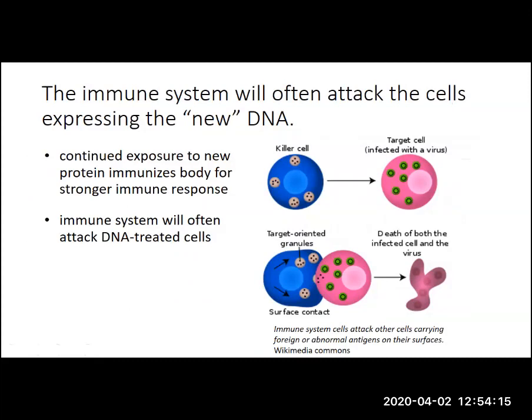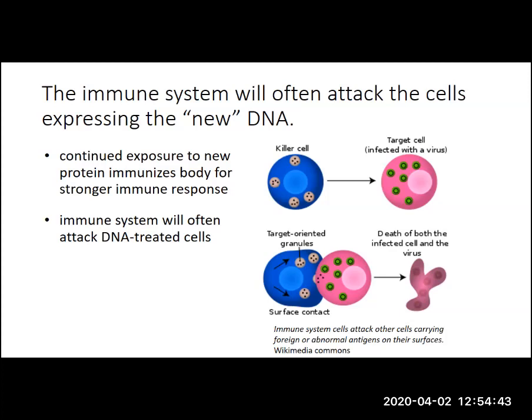If it's different from what was normally found within the body, normally found within the cells, often the immune system is going to recognize those cells that have been viral infected and have the correct DNA inserted into them as being potentially foreign or at least potentially pathogenic, and it's going to attack the cells and kill them off, so that we've got to do another round of gene therapy to infect a new set of cells.